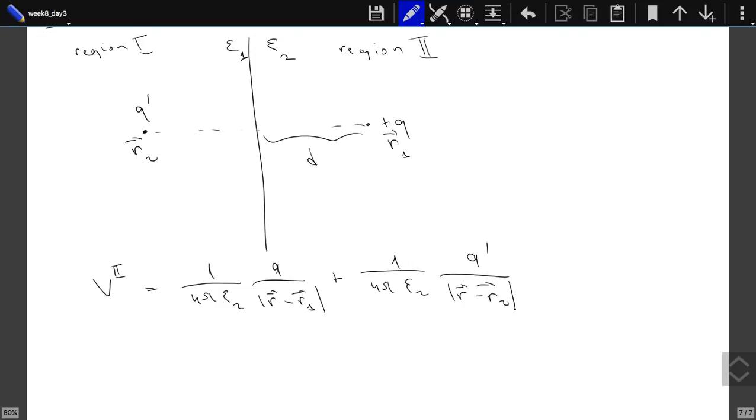Now, this is not really an assumption. At the end, it might turn out that, for example, Q prime is epsilon 2 over epsilon 1. Then epsilon 2s will cancel, and I will have epsilon 1 over here. It's not really a big assumption. It's not even an assumption.